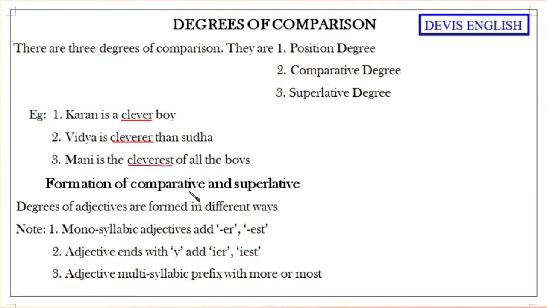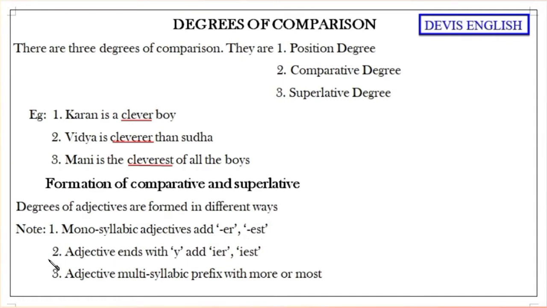Formation of comparative and superlative. Degrees of adjectives are formed in different ways. Suppose it is a monosyllabic word, we simply add er or est for comparative and superlative.